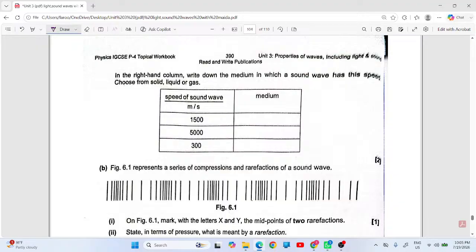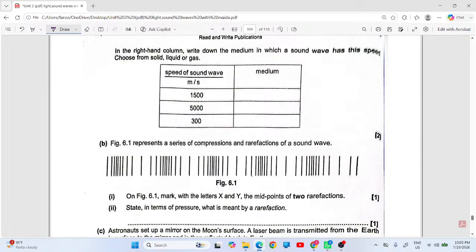In the right hand column, write down the medium, solid, liquid or air, in which sound waves have this speed. ये बात आपने याद कर ली. We know that 1500 meter per second is the speed of sound in liquid, and 5,000 is solid, and 300 to 340 जो वो आपने लिखा.